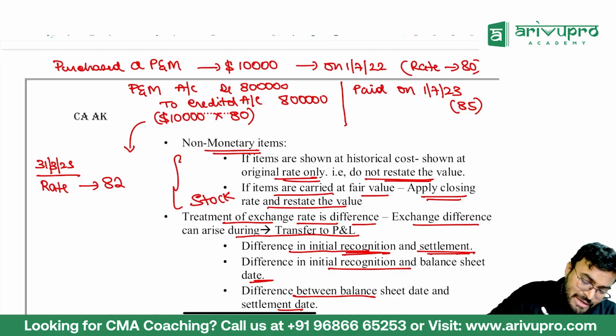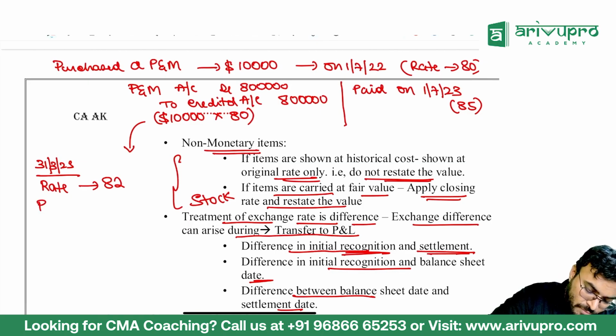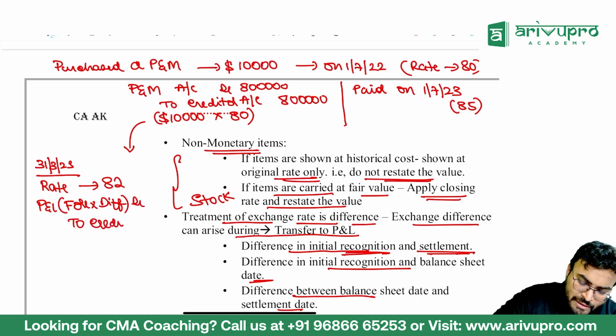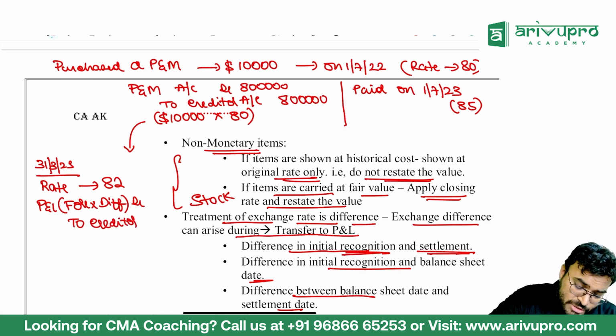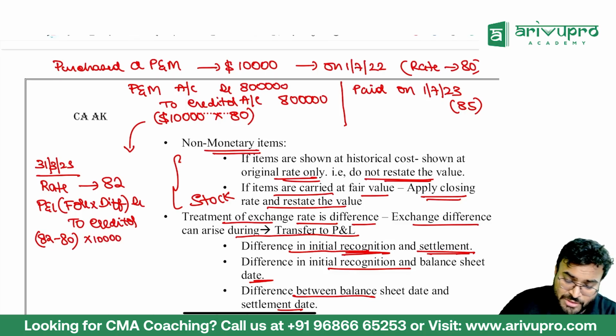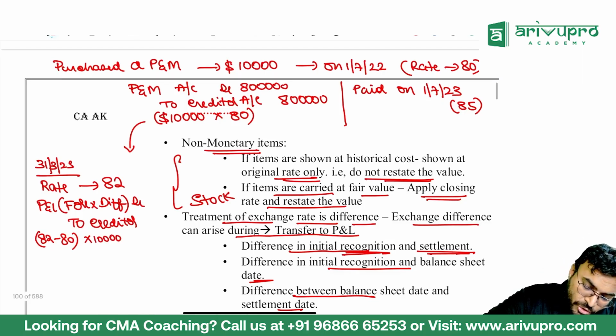So we will pass an entry: P&L for forex difference debited to creditor. 82 minus 80 into 10,000, so you write 20,000. Increase the creditor by 20,000.